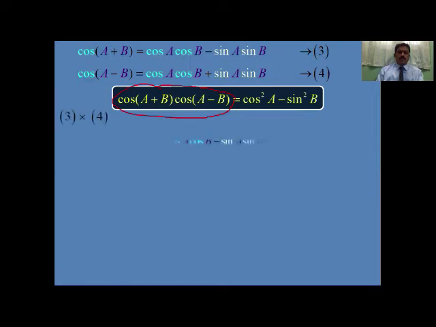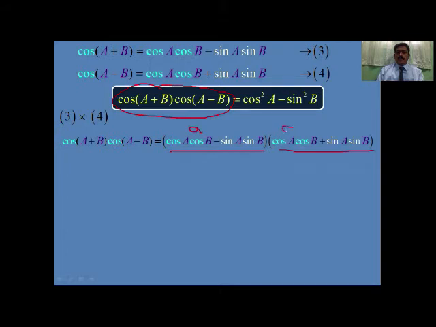So it gives cos of A plus B into cos of A minus B equal to cos A cos B minus sin A sin B into cos A cos B plus sin A sin B. If you observe, this looks like A and these two look like B.